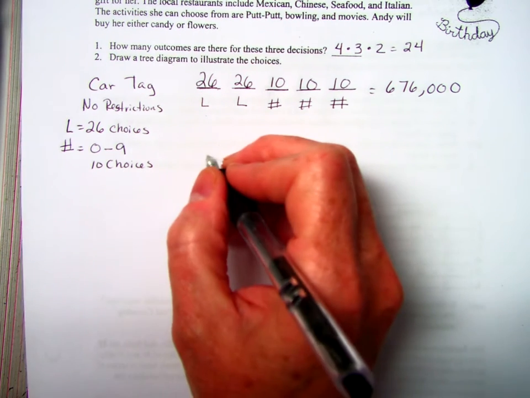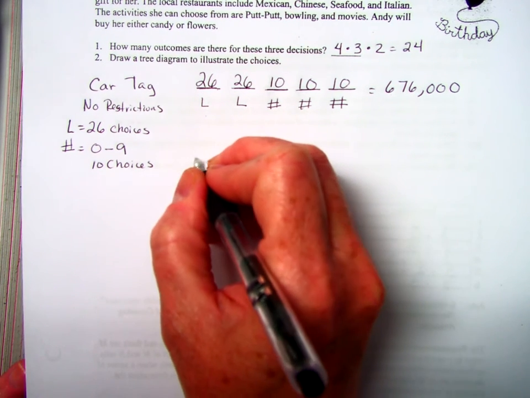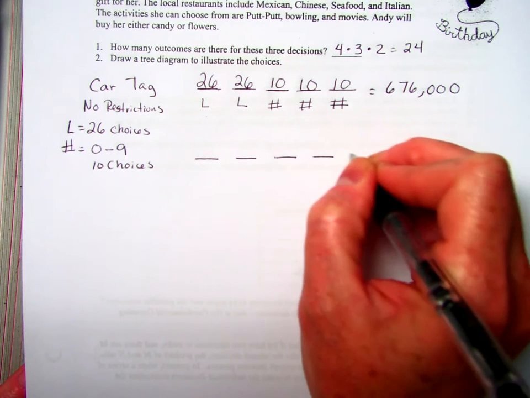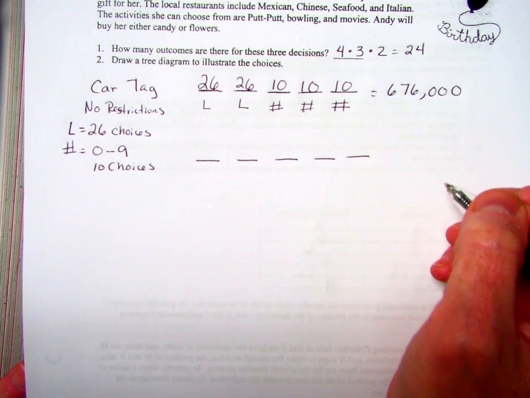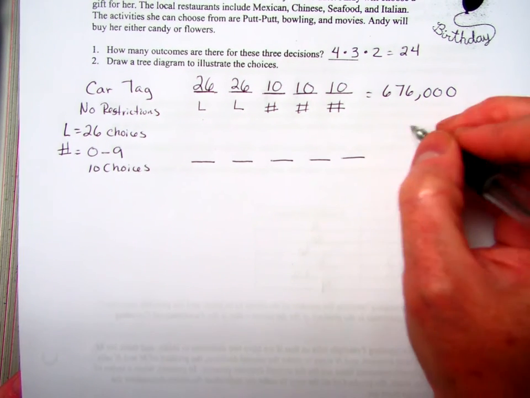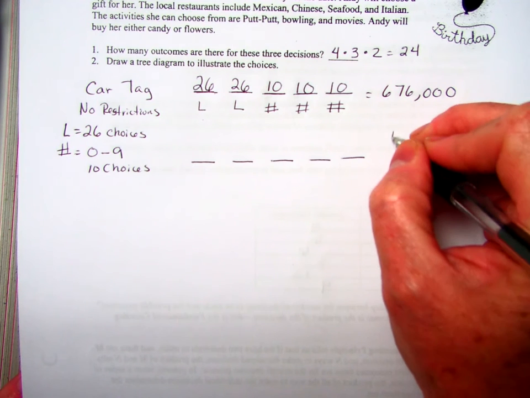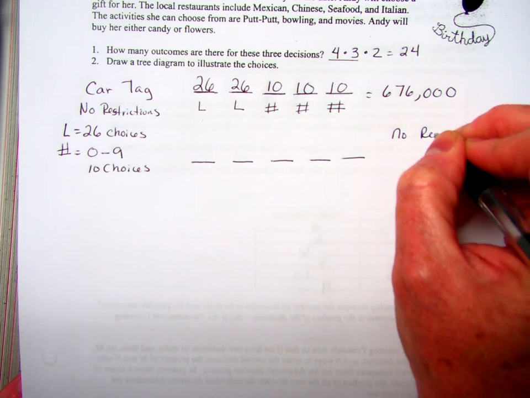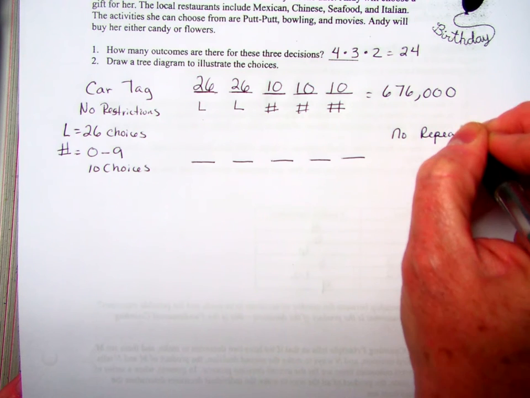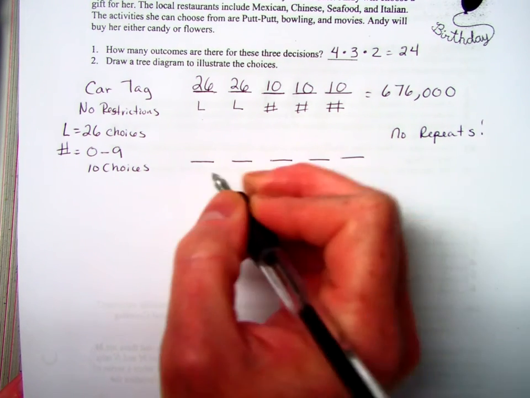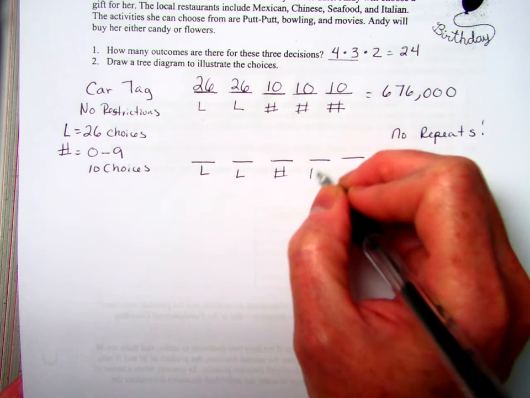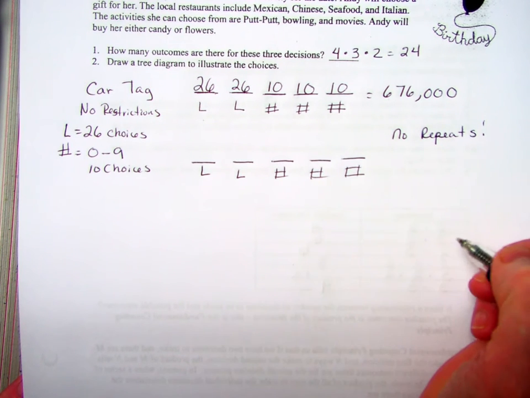We're keeping the same idea, as far as it's still going to have 5 spaces in it. But now we're going to be grumpy. Now we're having no repeated values. No numbers can be repeated, no letters can be repeated. So I still want letters, letters, numbers, numbers, numbers.